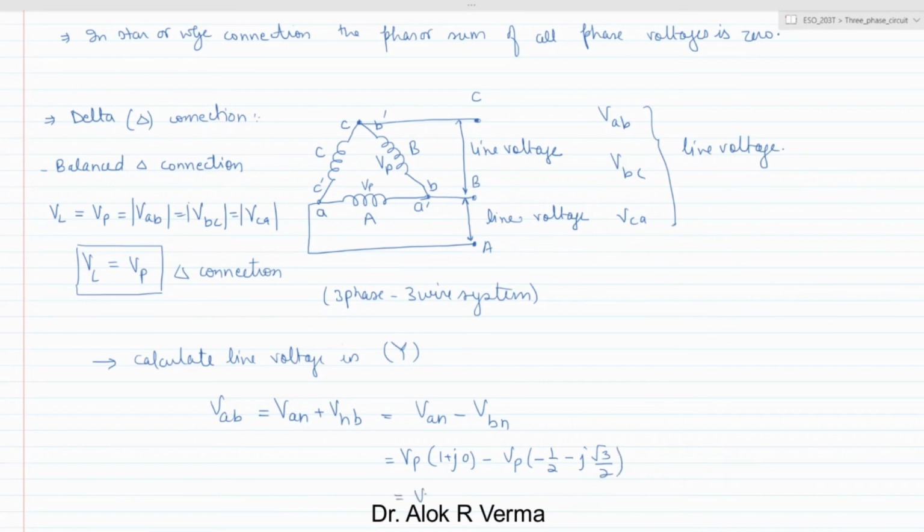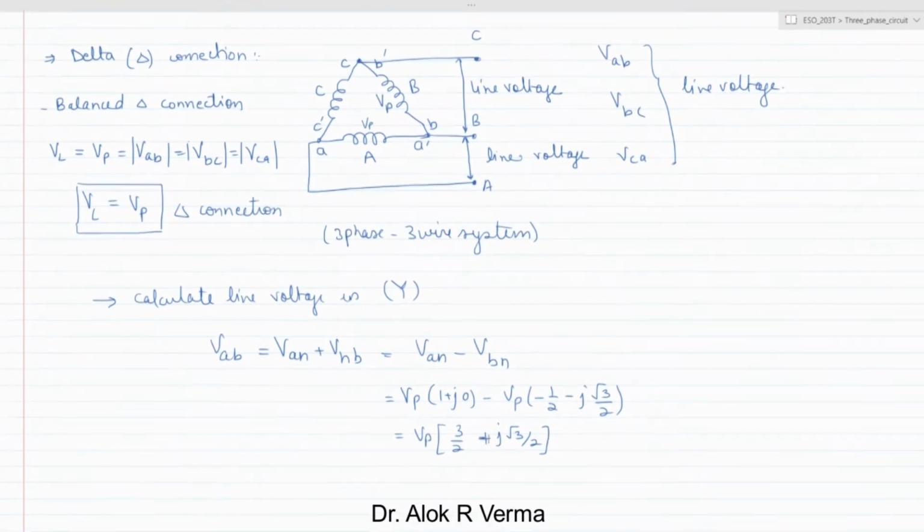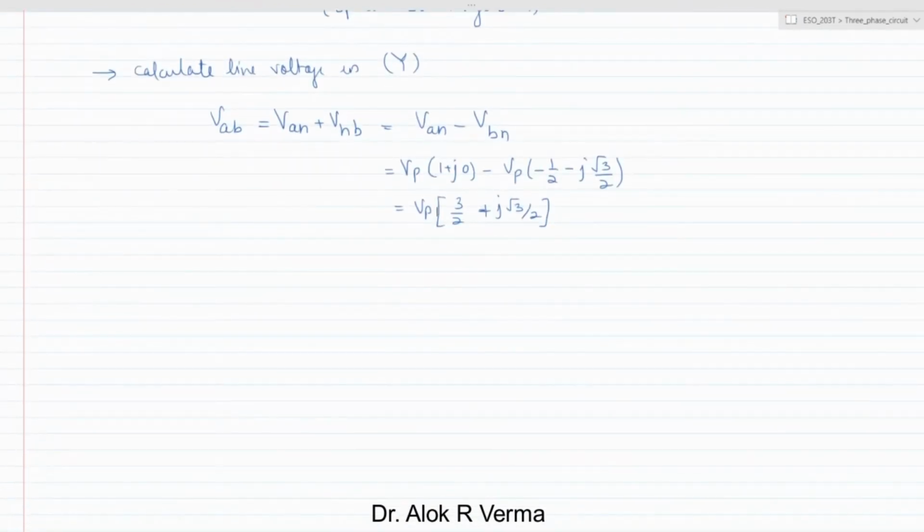So when you solve this, this is VP, and you get 3 by 2 plus j root 3 by 2. When you try to look for this in the form of a polar quantity, it will become root 3 VP angle of 30 degrees.